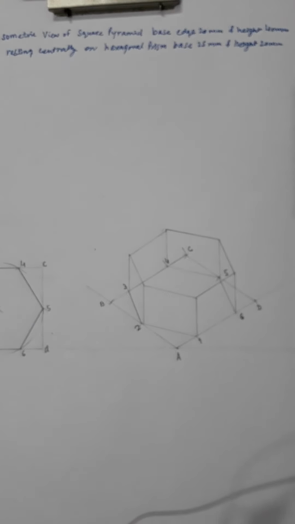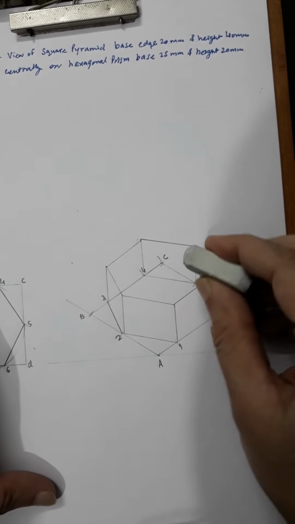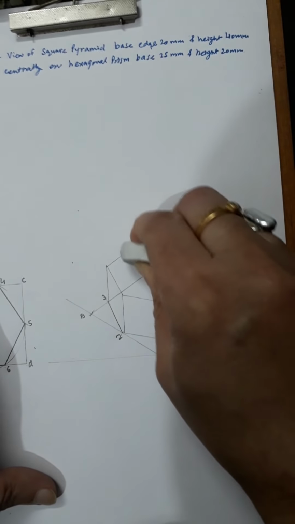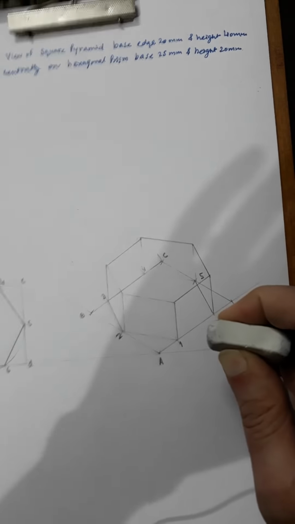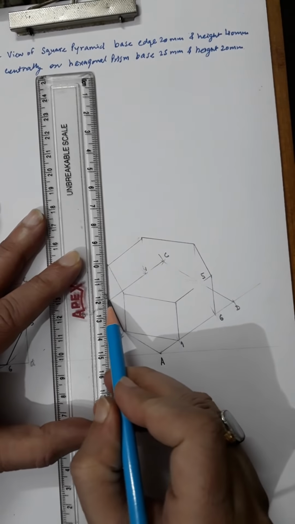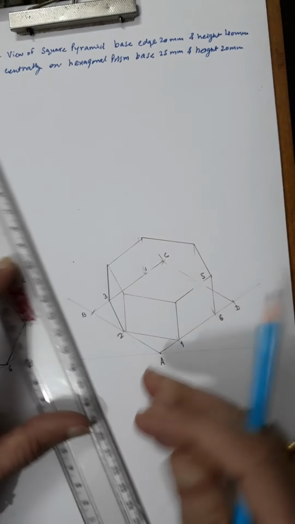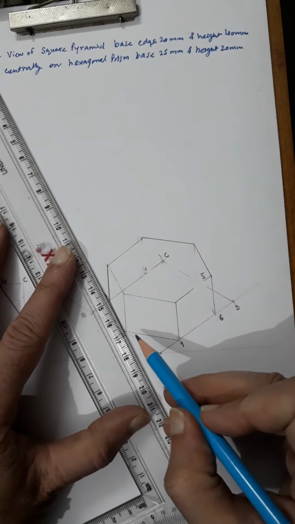So now this is the hexagonal prism. Now you can erase the inside edges. Now you can make thick whatever is visible, so the front edges will be visible.